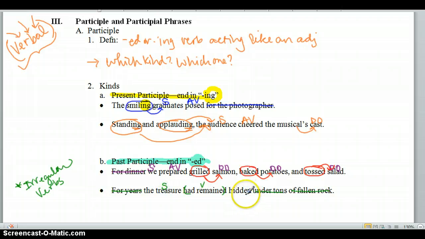Treasure. Now hidden is en, and many English irregular verbs are en in the past tense. Hidden can be a verb, but in this case, hidden is a predicate adjective. It is a participle because it is describing the treasure.